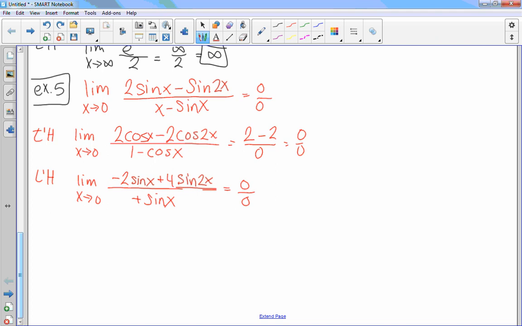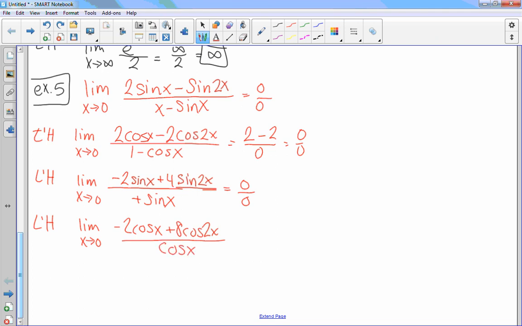So the third time should be the charm. The limit as x approaches 0, take the derivative. Jake, what's the derivative of the numerator? Okay, and the derivative of sine is cosine.